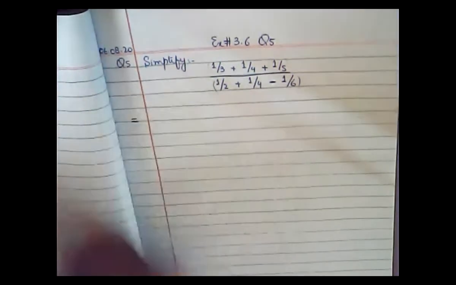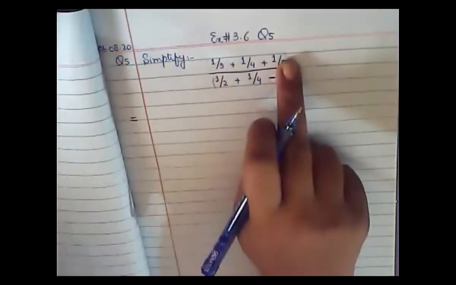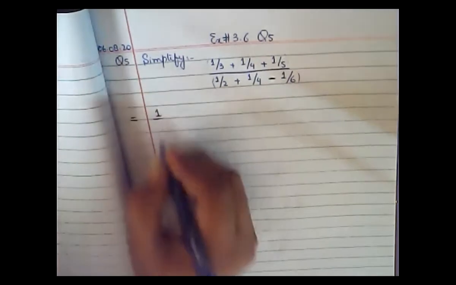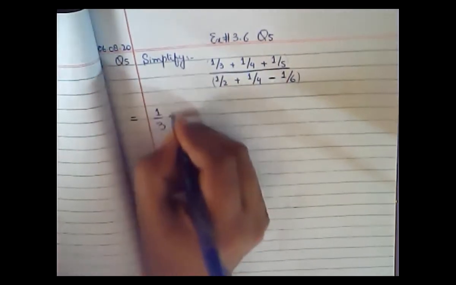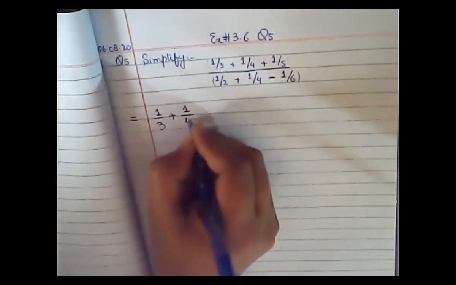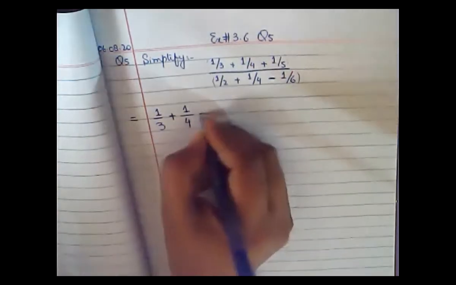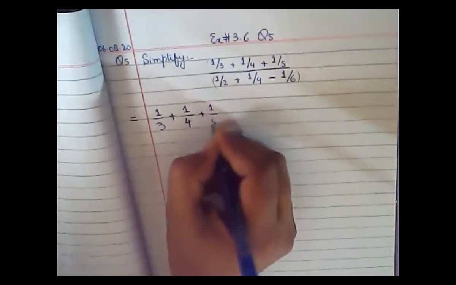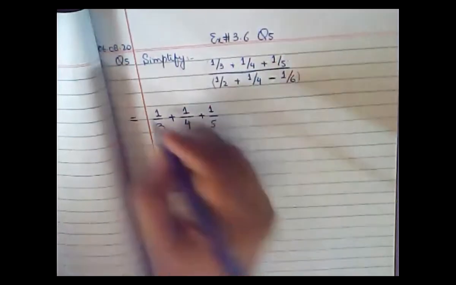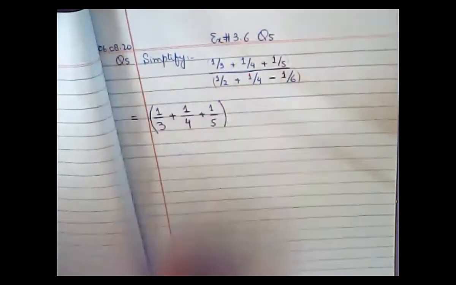What I'm going to write here is, first, all my numerators: 1 upon 3 plus 1 upon 4 plus 1 upon 5. These are my numerators, so I'm going to place brackets around them.